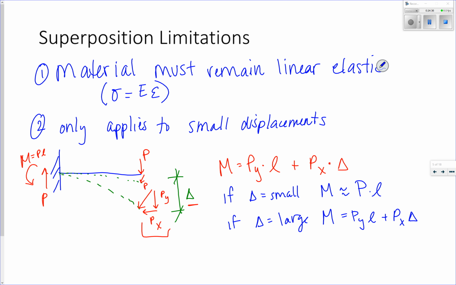Okay, so that's the summary of superposition. Basically just means you can add up the responses to different loadings as long as you have a linear elastic material and you're not having huge displacements.